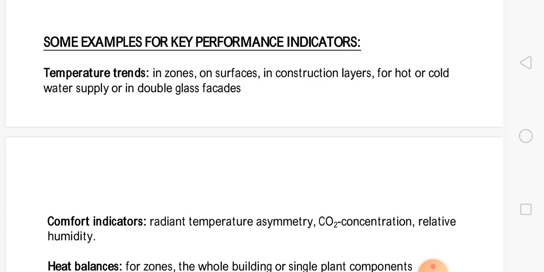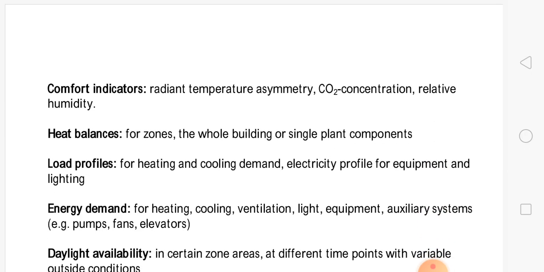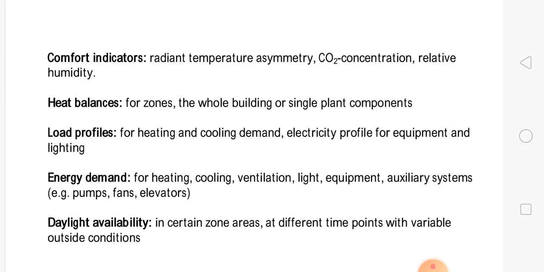In different zones, we take a temperature trend, which temperature is needed at which zone, and then comfort indicators: radiant temperature asymmetry, CO2 concentration, relative humidity. So these are basically the parameters for analyzing the performance, like heat balance, load profile, energy demand, daylight availability.